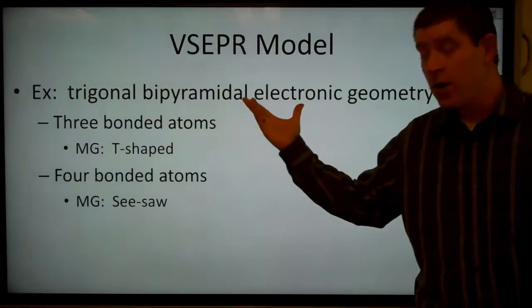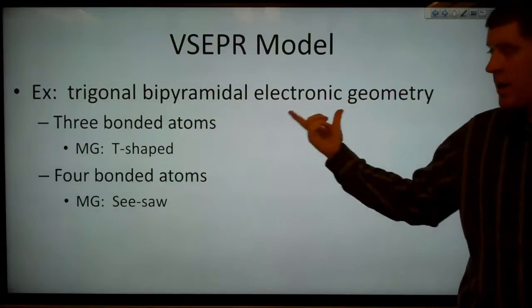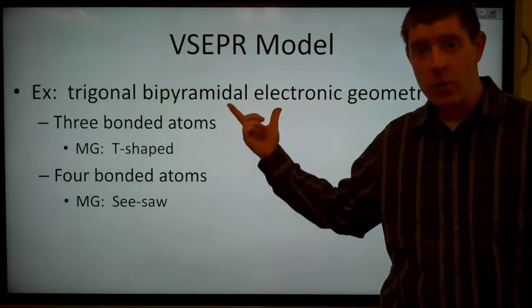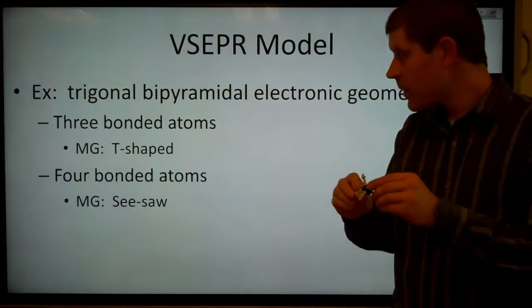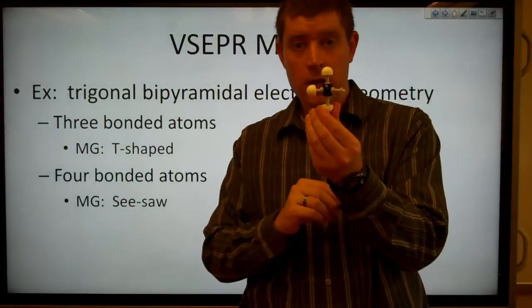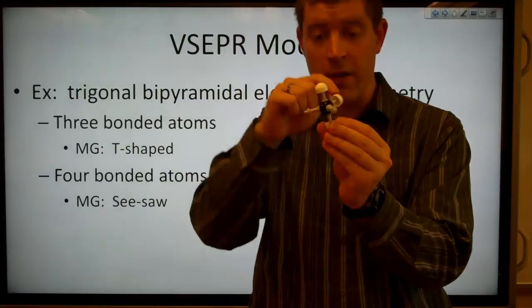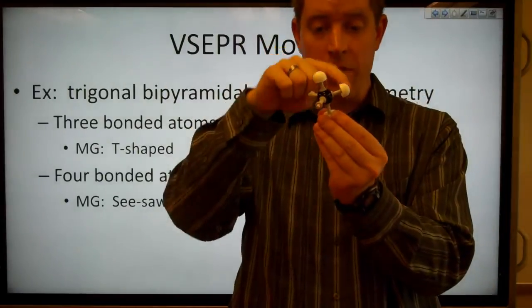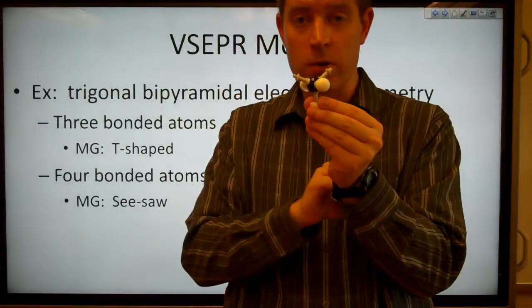So now let's look at another case where we have a trigonal bipyramidal electronic geometry, but now instead of two bonded atoms, we have three bonded atoms. The electronic geometry is trigonal bipyramidal because we have 5 regions of electron density, but now we have 3 atoms bonded. We still want to get our 2 lone pairs as far apart as we can.